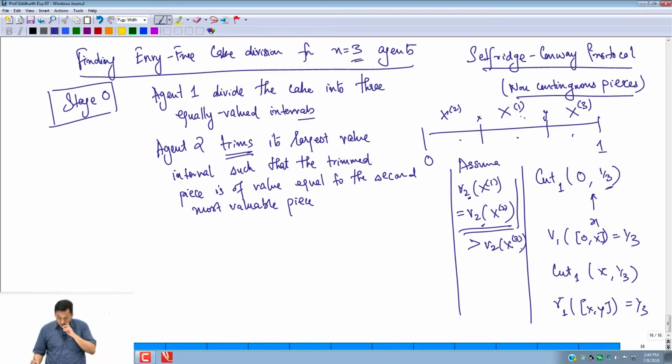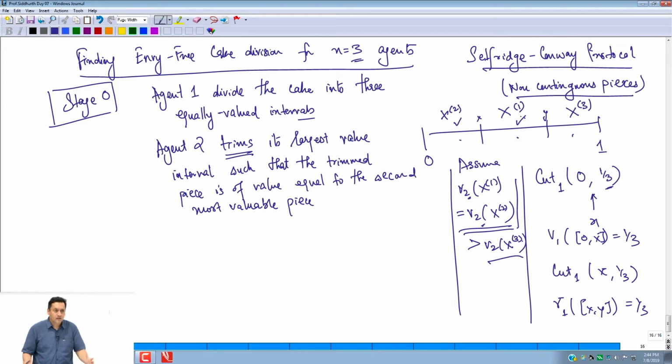That's the indexing induced by V2. The observation is quite simple. Either the third agent picked x1 or it picks x2. Agent 2 now comes in and picks whatever is left. These 2 are more than the third piece, and it simply values these 2 equally. So agent 2 will end up being NV free.